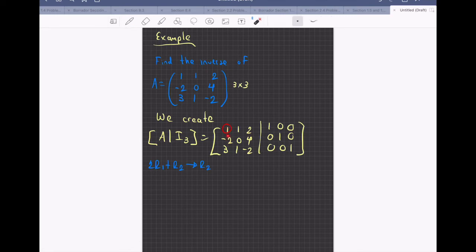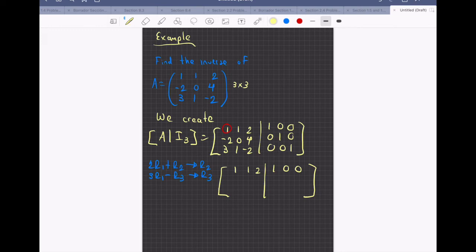I want to turn this negative 2 into 0, so I multiply times 2. 2 times 1 is 2, plus negative 2 is 0. And then the next operation could be 3 times row 1 minus row 3 will replace row 3. And after these operations, notice how the row 1 stays as it is, 1, 1, 2, 1, 0, 0.